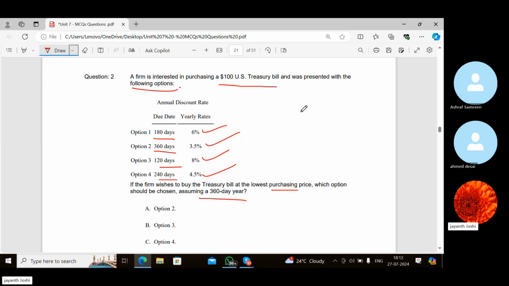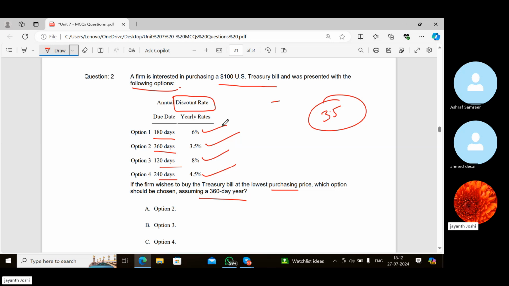So what interest will you earn? 3.5, let's say, is the rate. This is the discount rate, right? So if the firm wishes to buy the treasury bill at the lowest purchasing price, which option should be chosen?